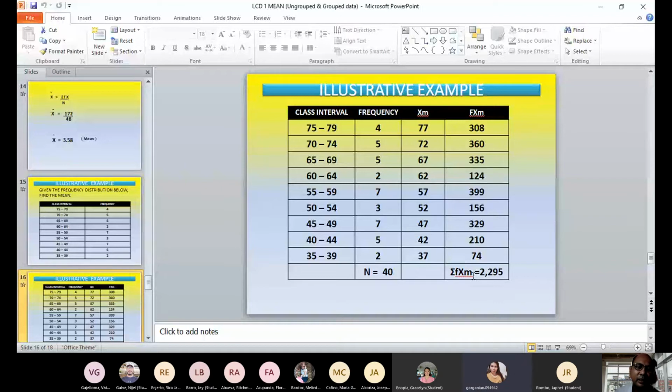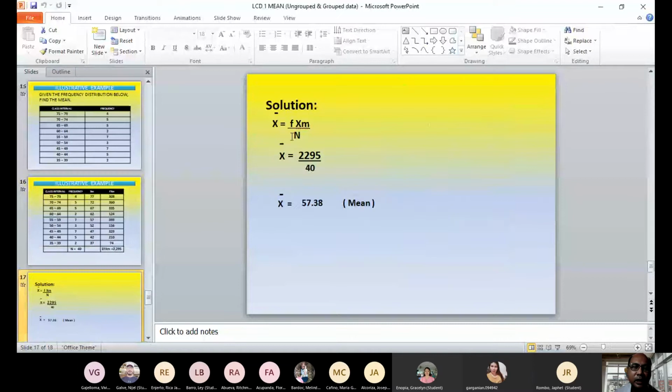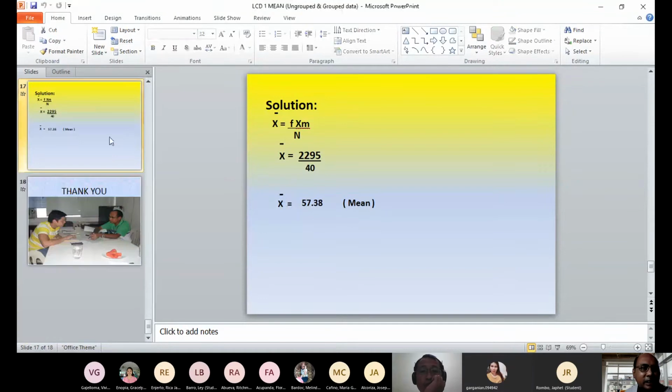This is the summation of the frequency times the class mark. Then it is time to substitute in our formula. Divide by 40, the result is 57.38. So this is the mean.